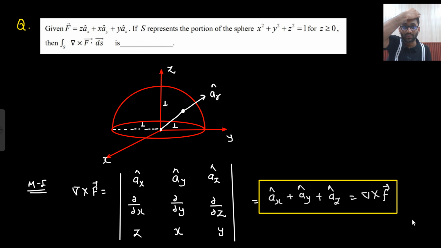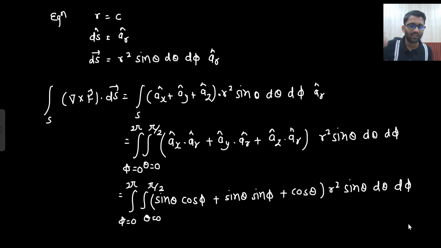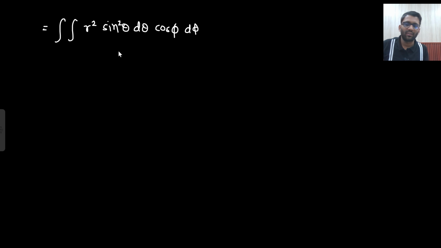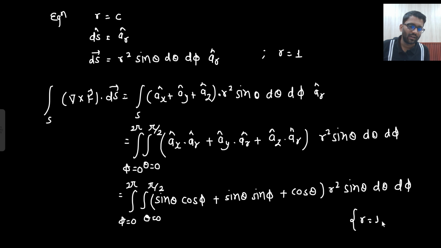R is constant, r is equal to 1. So r equals 1 I will put. Again I am putting here r is constant, which is equal to 1. So theta limit theta will get and phi limit phi will get.